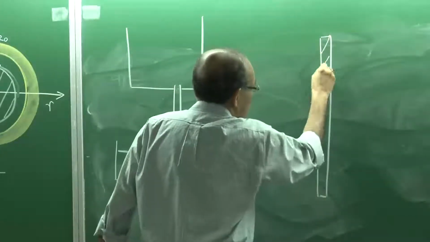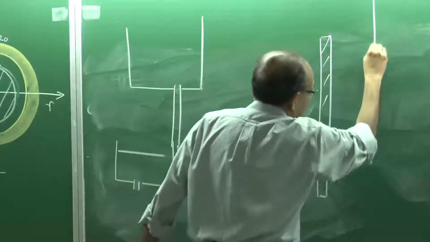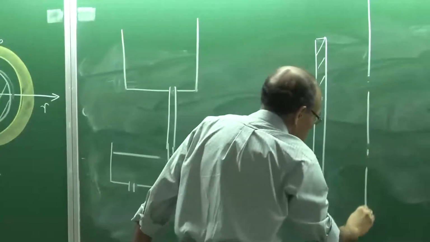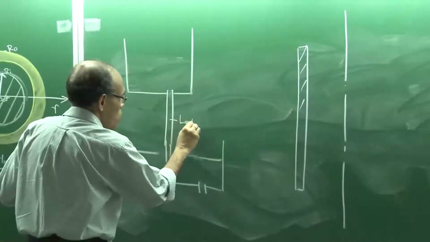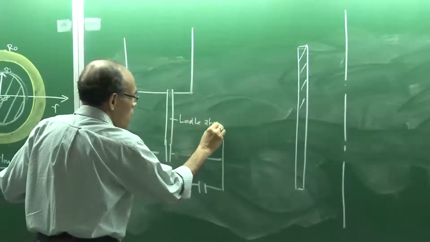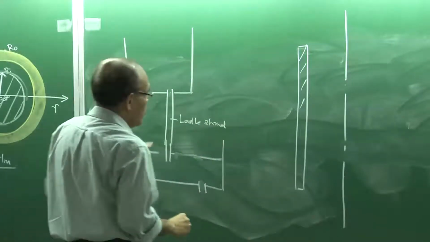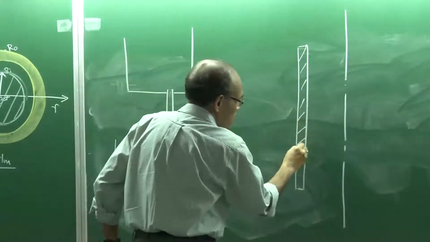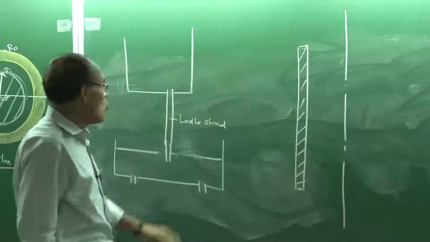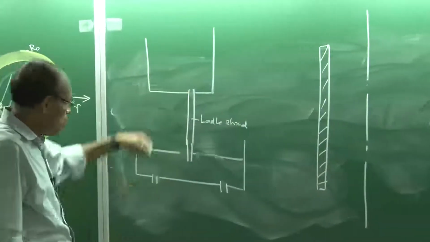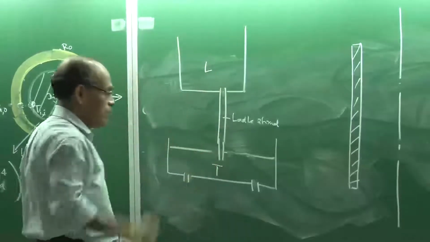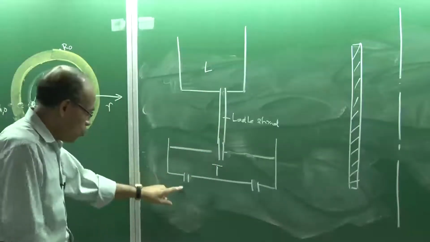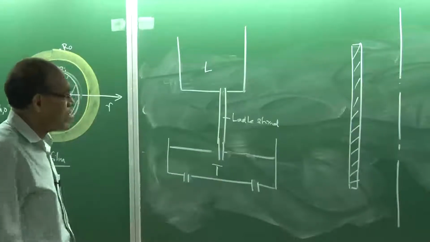So I am drawing one figure, an exaggerated one, with the center line. This is the ladle shroud, and this is the center line of the shroud, through which the molten metal flows from the ladle to the tundish. And then we have the molds here, where the material is transferred.